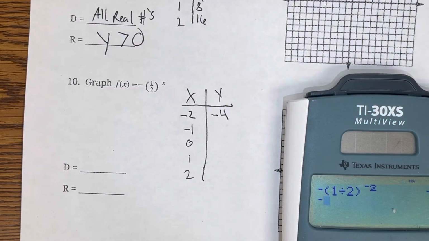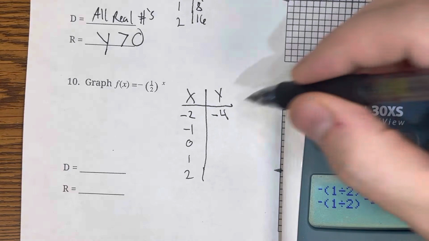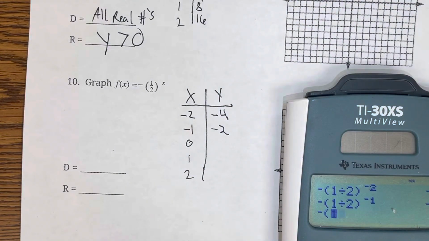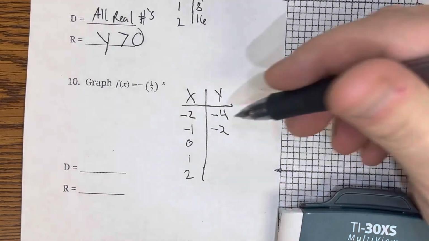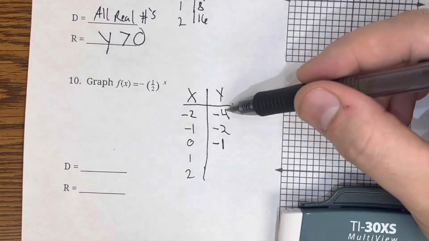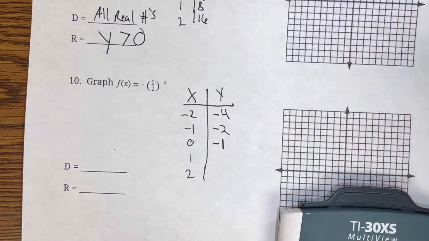So negative, parentheses, 1 divide 2, close it. Raised to the -1, -2. Now I put in 0. Got -1. So what's it multiplying it by? Looks like it's dividing by 2. So our next one should be a decimal.